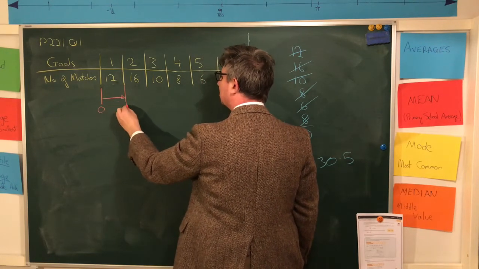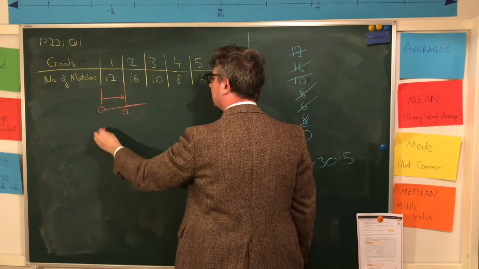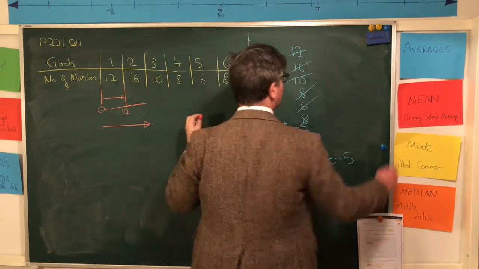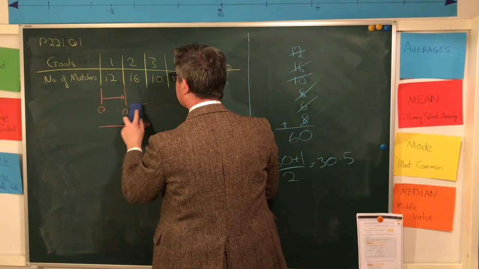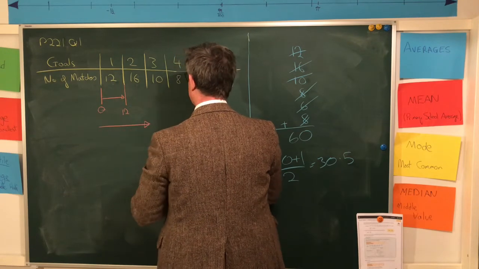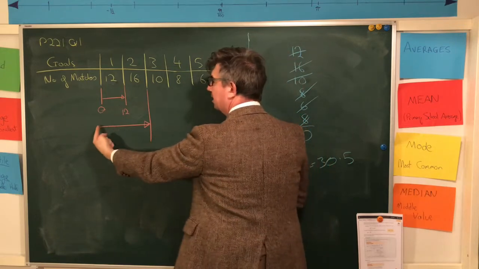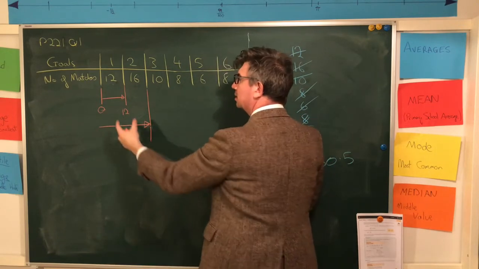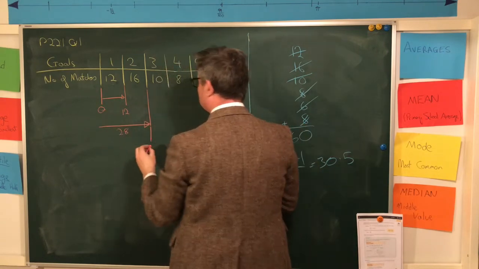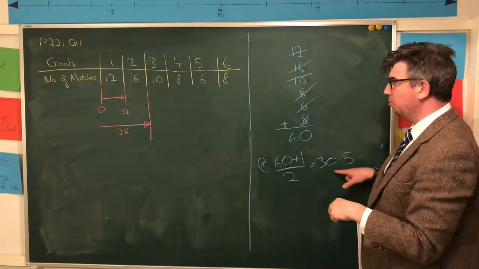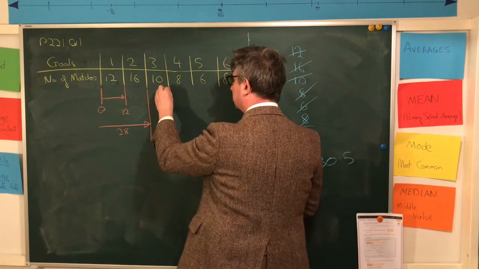To get from here to here, it's going to be 12 plus 16, which is 28. Have I gone past 30.5 yet? No. Still only at 28.